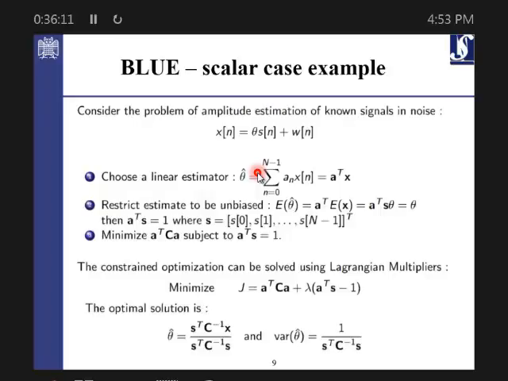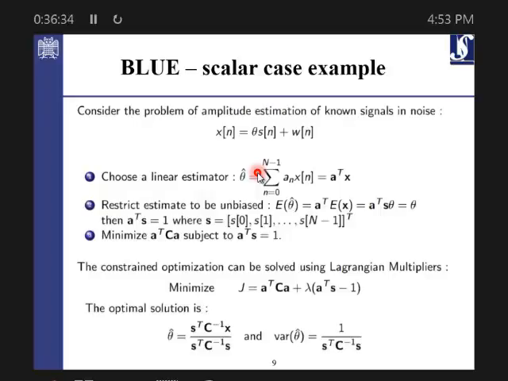So the expectation of theta hat times theta hat transpose should be minimized. Theta hat is A transpose X, theta hat transpose is X transpose A, and theta comes out of the expectation.